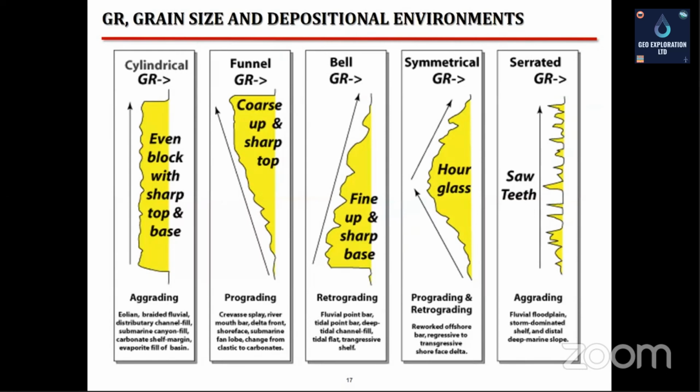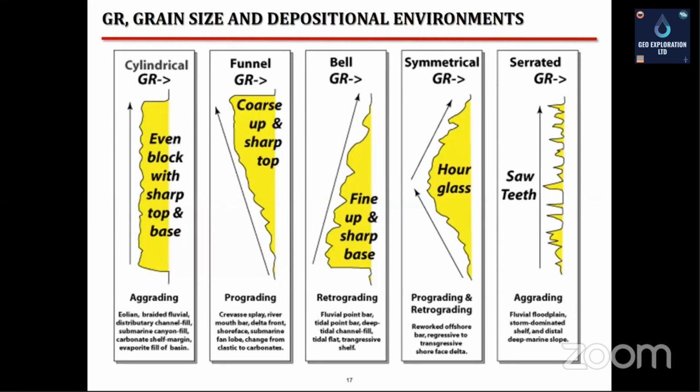A funnel-shaped or coarsening upward gamma ray trend implies a regressing environment typical of river mouths, deltas, and shore faces. A bell-shaped or fining upward gamma ray trend implies a transgressive environment typical of tidal bars and flats and the transgressive shelf. The hourglass or symmetrical gamma ray trend implies alternating pulses of transgression and regression, as is typical of a shore face delta.